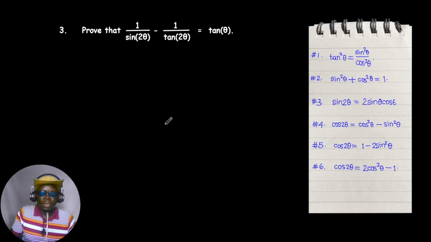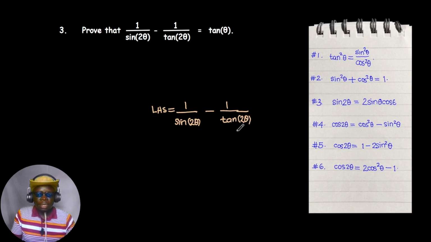Now we can start right away here, and we say, considering the left-hand side, which is 1 over sine 2 theta minus 1 over tan 2 theta. Now we can go on and rewrite our tan in terms of sine over cosine.